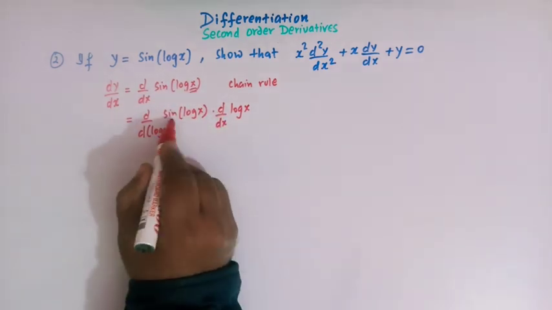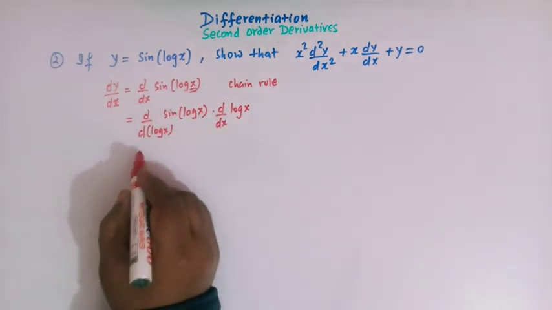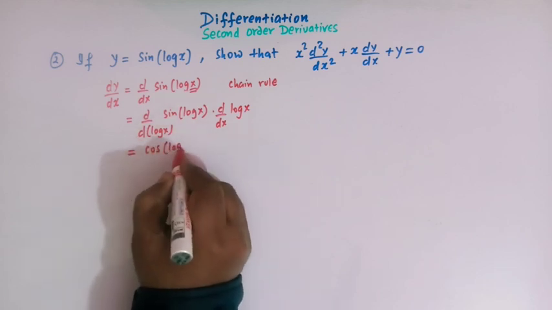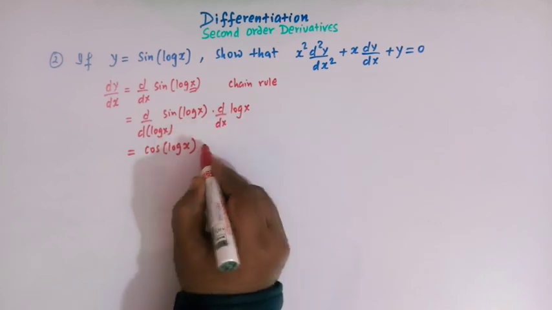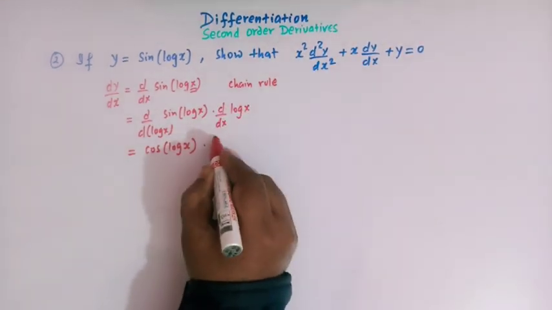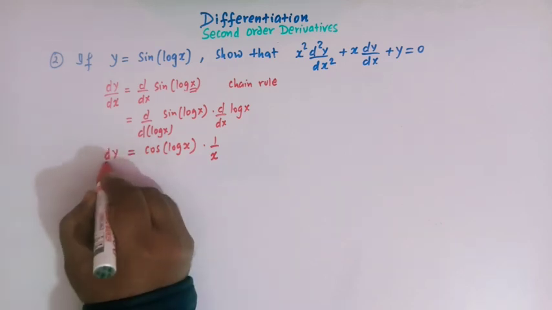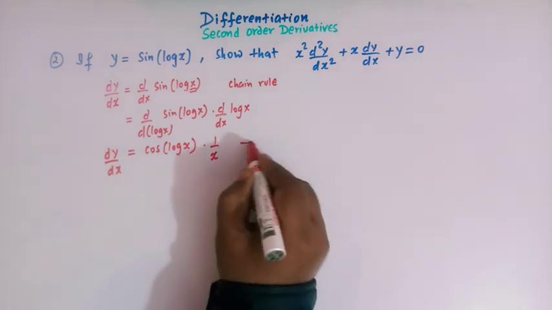So now the derivative of sine log x with respect to log x is simply cos of log x, and the derivative of log x is 1 over x, right? So this is the first derivative, right?